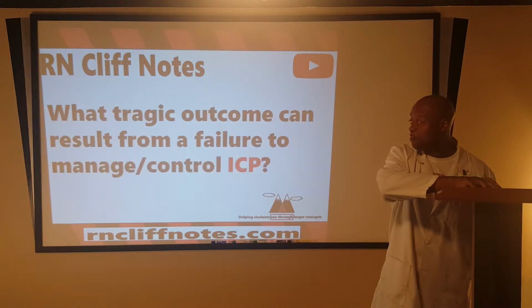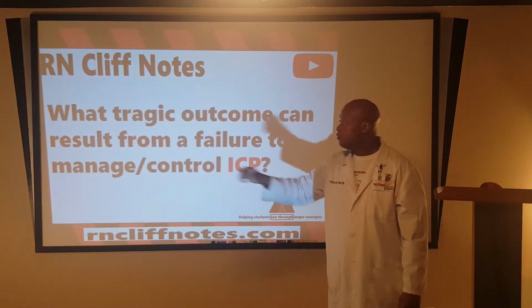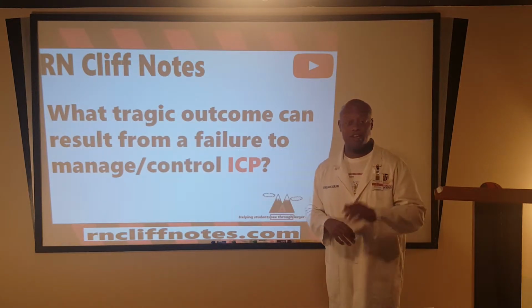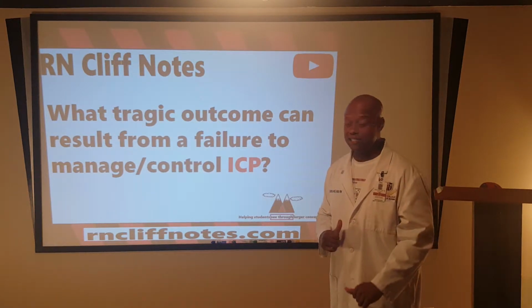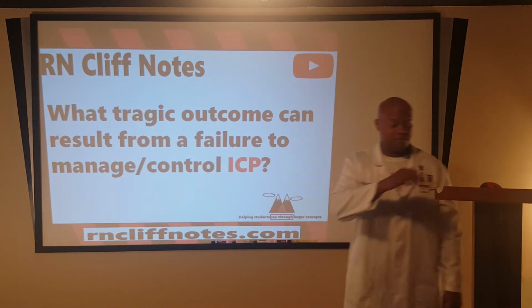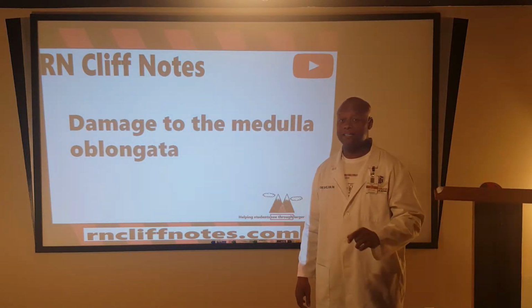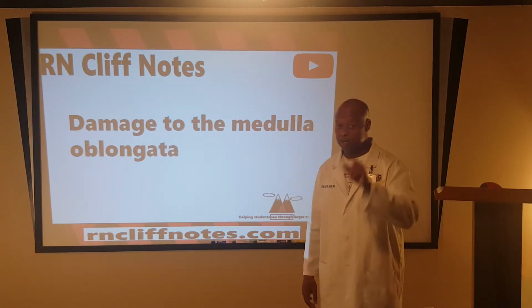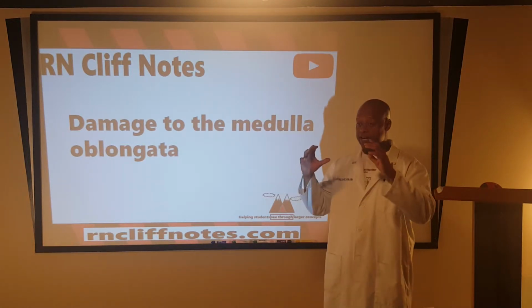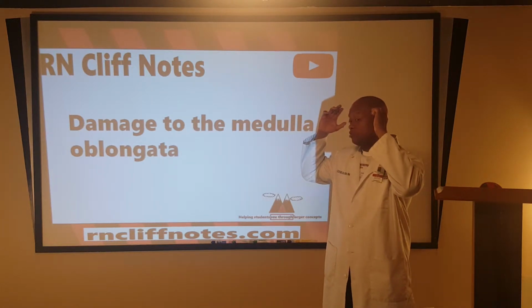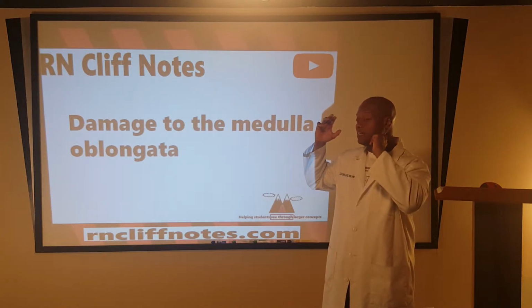Alrighty, so now, what tragic outcome can result from failure to manage and or control ICP? And that would be damage to the medulla oblongata. Now, here's the way to think about it. The brain is situated high up in the skull, and the medulla oblongata is underneath it.